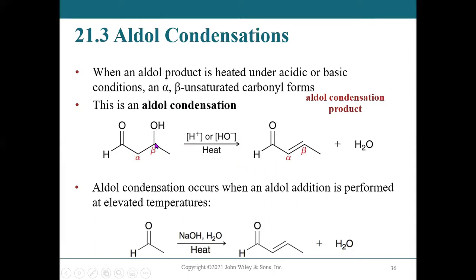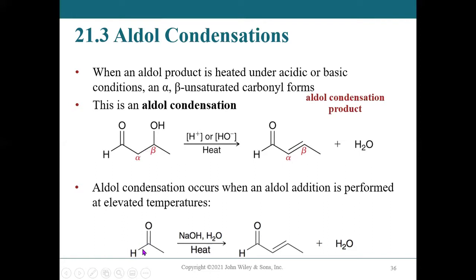Once we have this product, if we heat the product, then it dehydrates, with loss of water, and produces the aldol condensation product. The aldol condensation occurs when an aldol addition is performed at elevated temperature. So again, to summarize, this process produces the aldol condensation product.